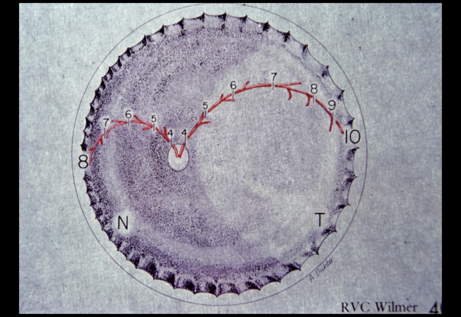Vessels reach the nasal periphery, N, at 8 months gestation. The temporal periphery, T, is not fully vascularized until approximately 1 month after delivery, even in the full-term infant.